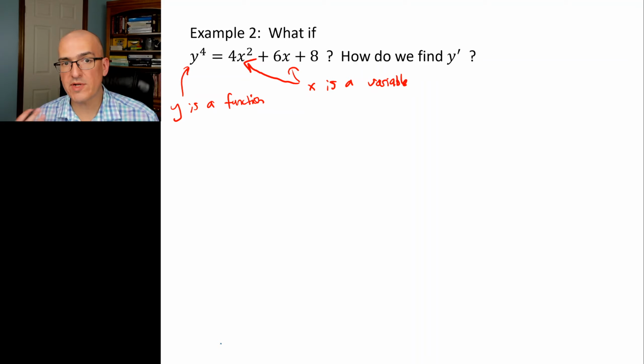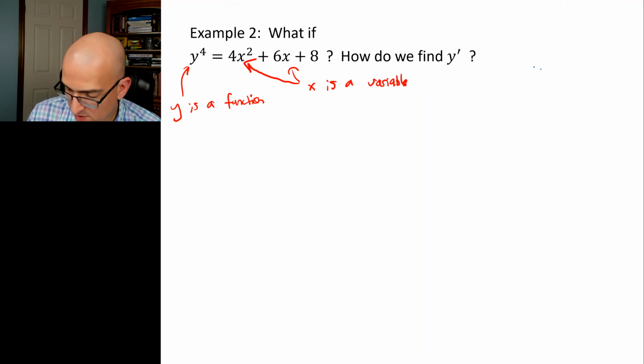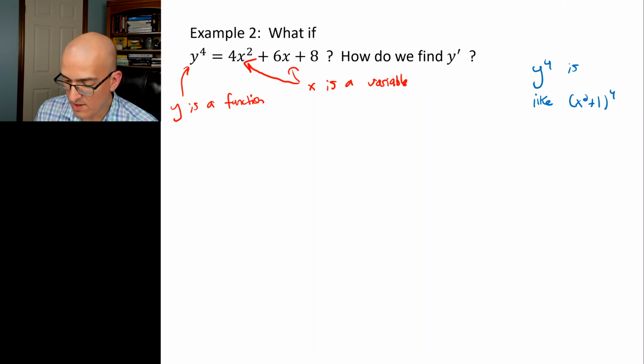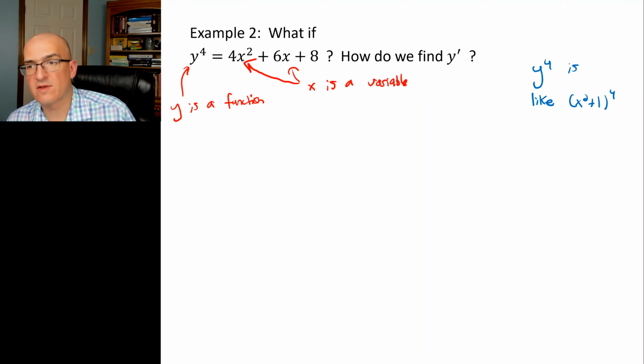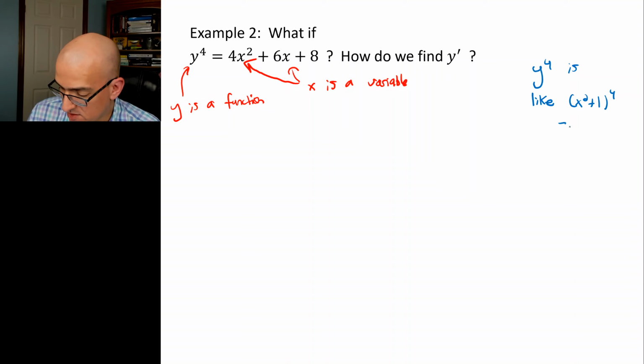And remember what we did in the chain rule when we were taking the derivative of a function to a power. Y to the power 4 is like x squared plus 1 to the power of 4. And how did we take that derivative? Well, we said this is w to the power 4.